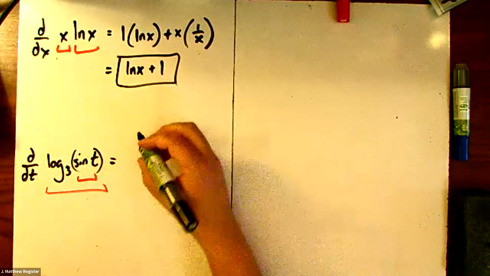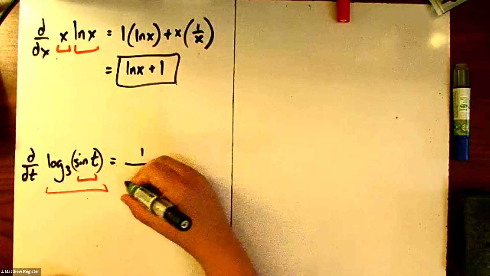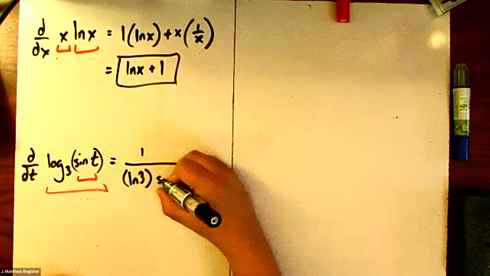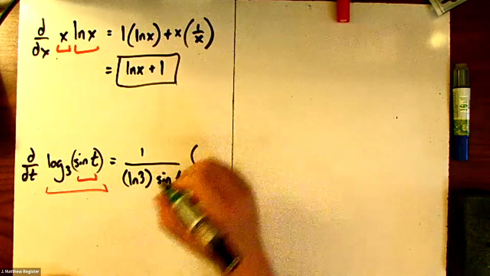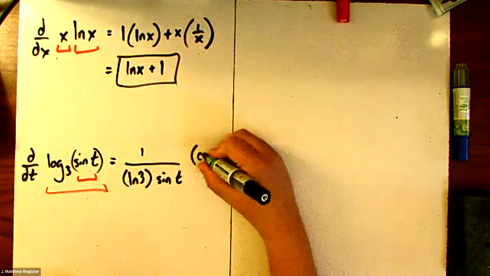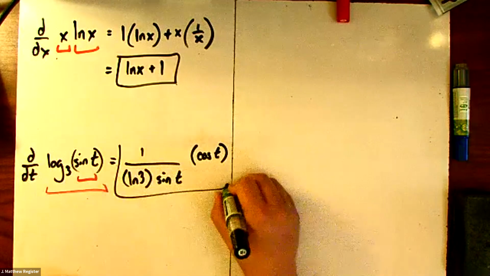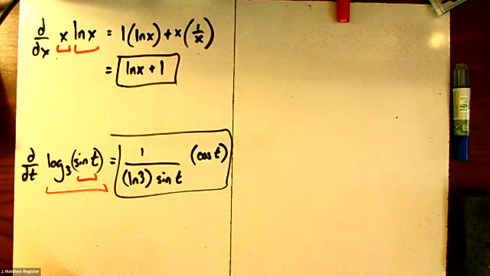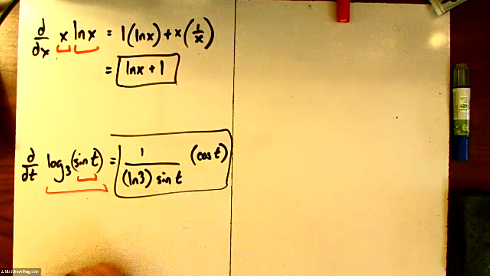And well, log base 3 of stuff is going to have a derivative which is equal to 1 over the natural log of 3 times that stuff. And then we need to multiply by the derivative of that stuff. Derivative of sine is cosine. You could move this to the numerator. You could actually rewrite cosine over sine as cotangent. We got options there, but that's the answer.